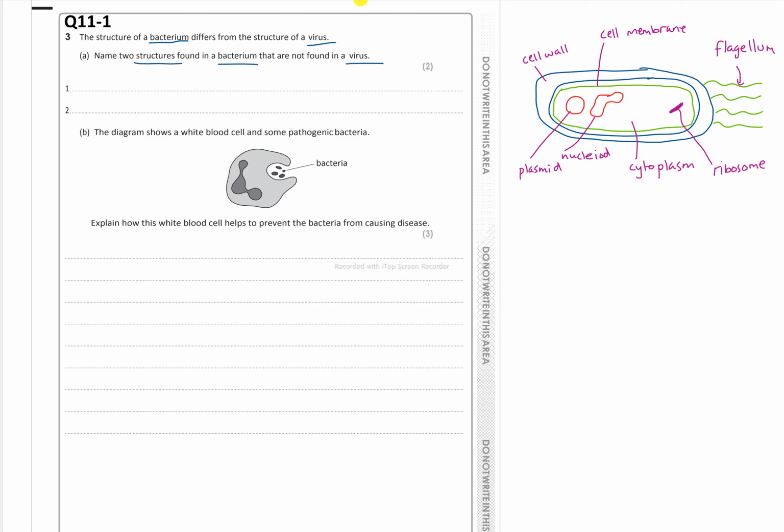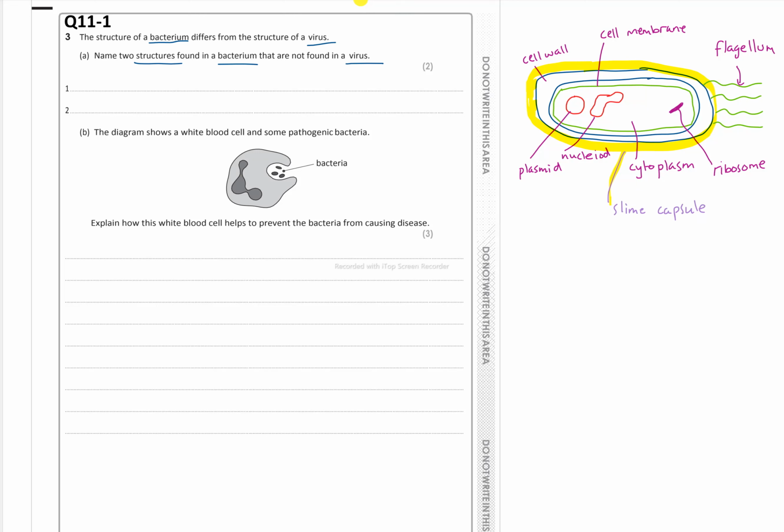And you also have on the outside, it's called a slime capsule.